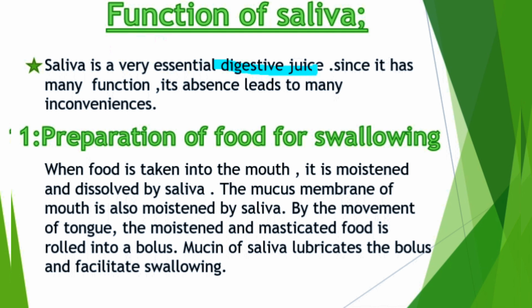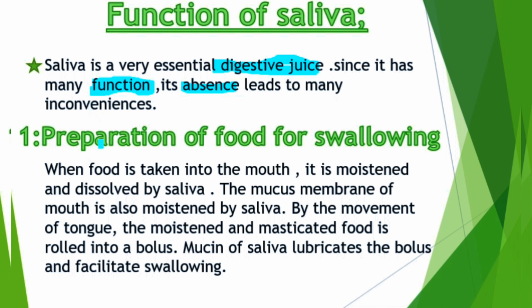It plays an important role in digestion. Besides the digestive function, it also performs many other functions in our body. Many types of disorders are associated with the absence of saliva in the salivary glands. So here some of the important functions are mentioned.